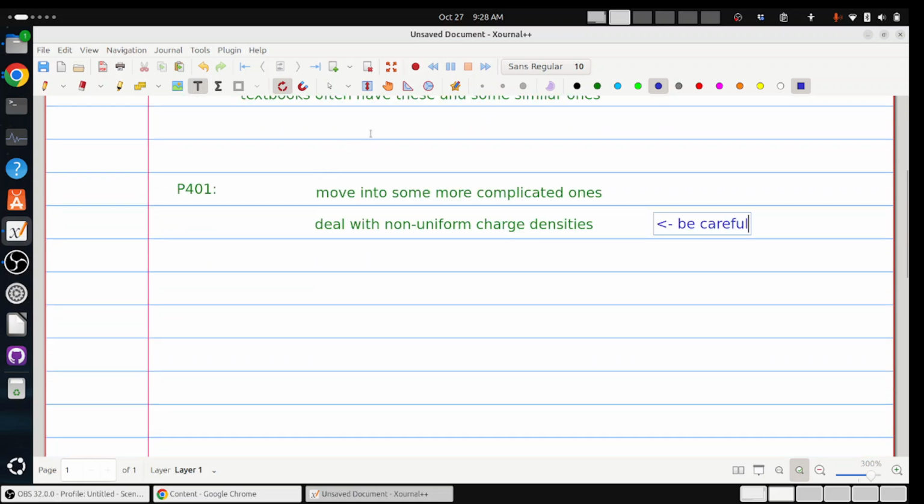So the first example that we're going to look at together is going to be for a spherical shell, but it's going to be a thick shell with non-uniform density.